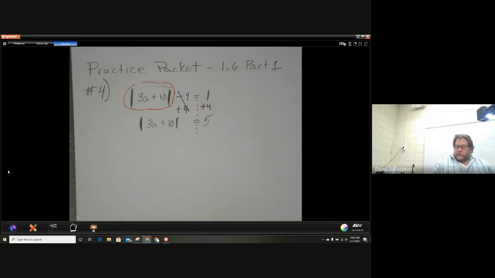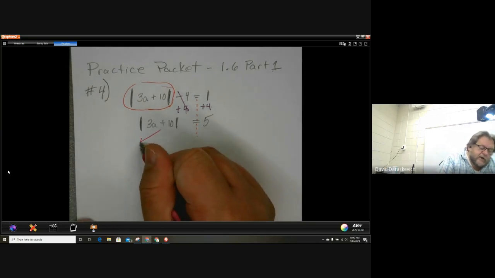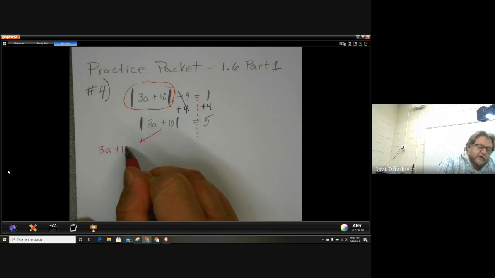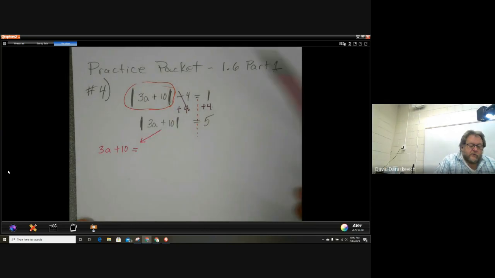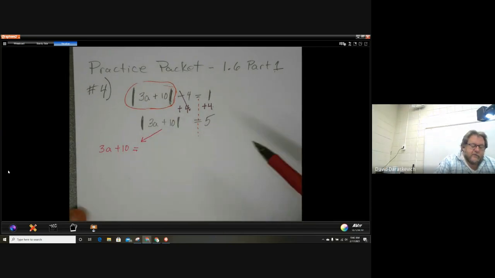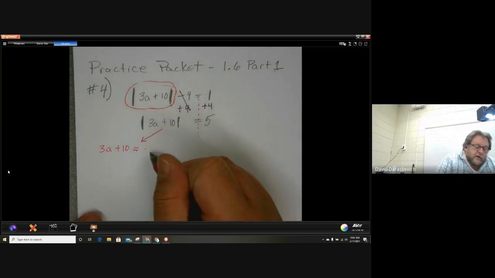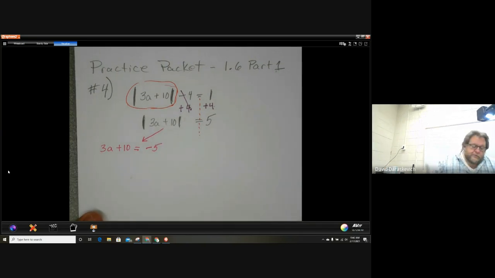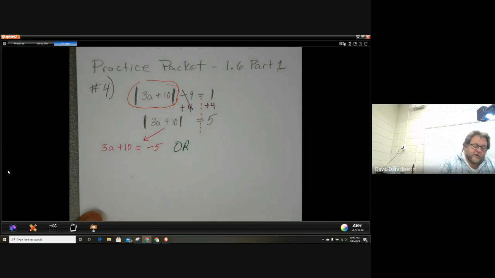So I got to consider both scenarios. Now I'm going to take what's inside, my 3a plus 10, and I have to consider, I always put my negatives first. You don't have to, you can put +5 there, -5 here, but I always like to put my negatives on the left-hand side. -5, or I have to consider the second scenario.